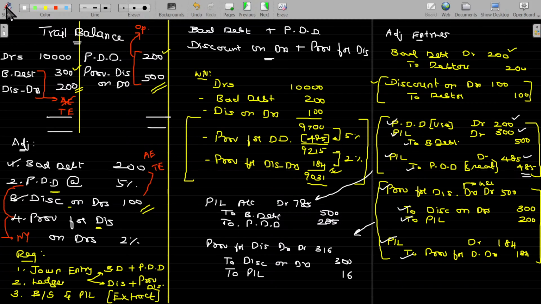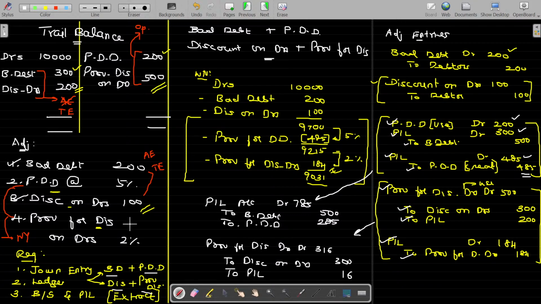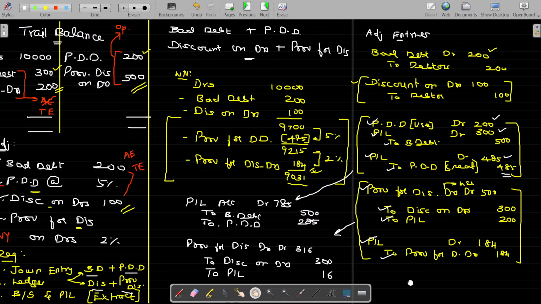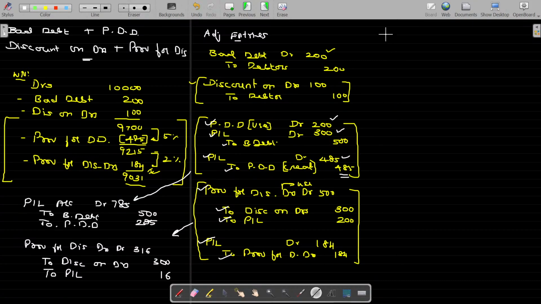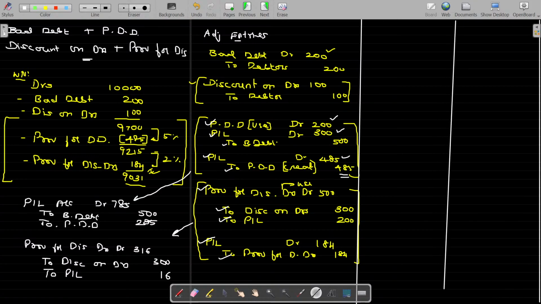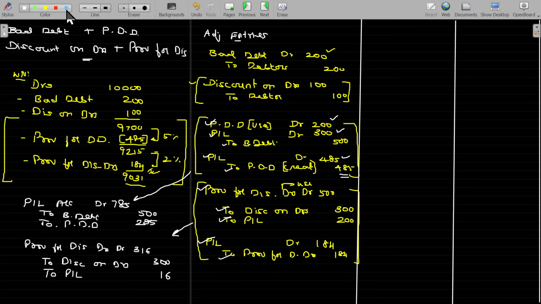Now we have passed the journal entries. We have to understand the preparation of the bad debt, provision for doubtful debts, discount on debtors, provision for discount on debtors, all. So I will prepare that separately here. What accounts are going to be prepared here?